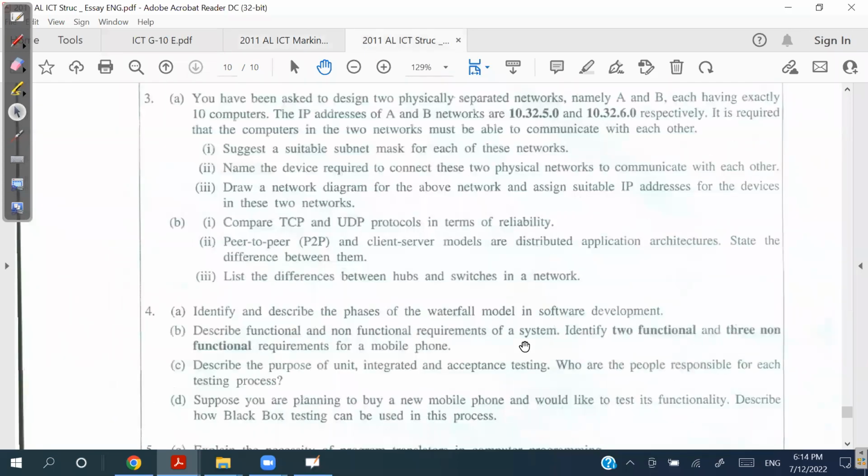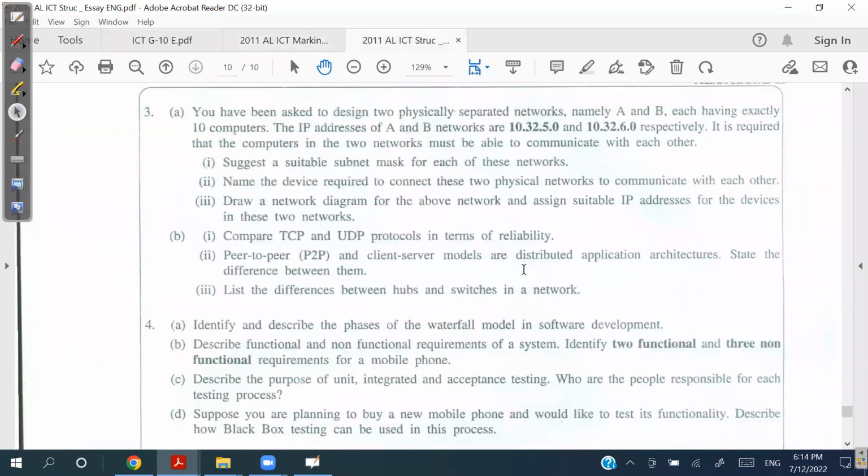So in the third question, they are asking about, you have been asked to design two physically separate networks, namely A and B, each having exactly 10 computers. The IP addresses of A and B networks are 10.32.50 and 10.32.60.